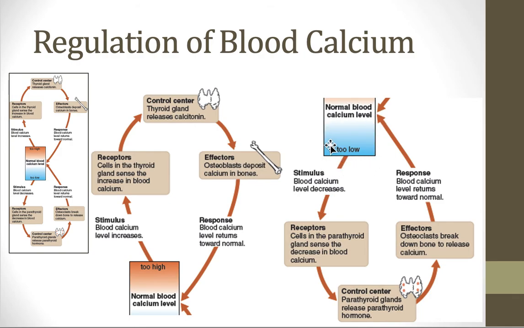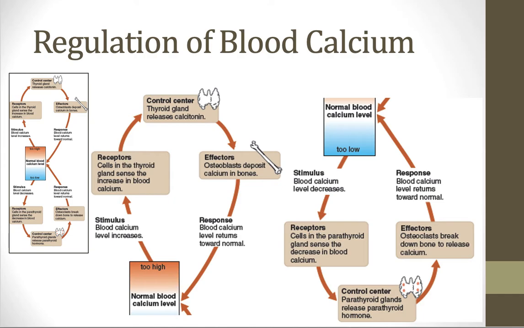When the blood calcium level is too low, the receptors detect that as well, and the end result is that the bone is going to be broken down in order to release calcium. So again, you can think of the bone as a bank for calcium in this regulation of calcium feedback loop. When we have extra calcium in our blood, we put it in the bones. When our body needs more calcium and our blood calcium levels are low, we take it from the bones.